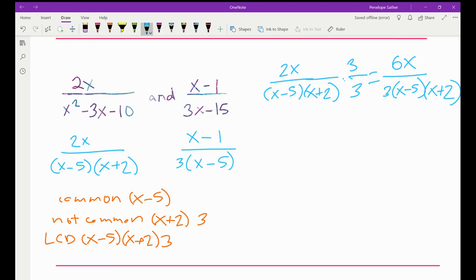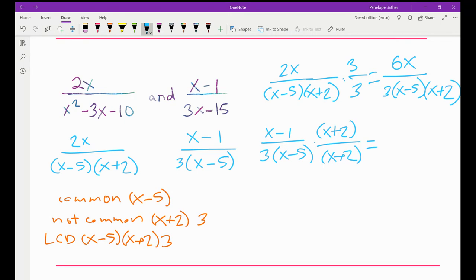And then if we do the other fraction, we have the x minus 1 over 3 times x minus 5. It looks like that fraction is missing the x plus 2 piece. We're going to multiply times x plus 2. Okay, so as this is happening, we're going to go ahead and multiply everything out.